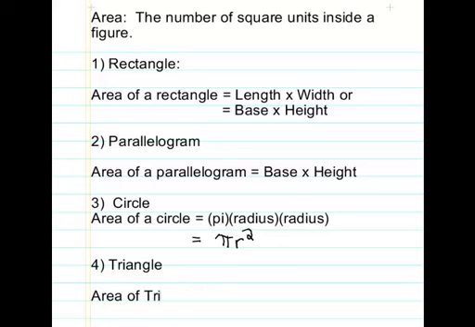So if you know that the area of a rectangle is base times height, or length times width, when you cut it in half, it's going to have half its area. And when you cut a rectangle in half from diagonal to diagonal, you get a triangle. So we said that the area of a triangle is 1/2 its base times its height, or 1/2 its length times its width. Some students even went as far as saying base times height divided by 2, and that's perfectly fine. So those were the notes from yesterday.